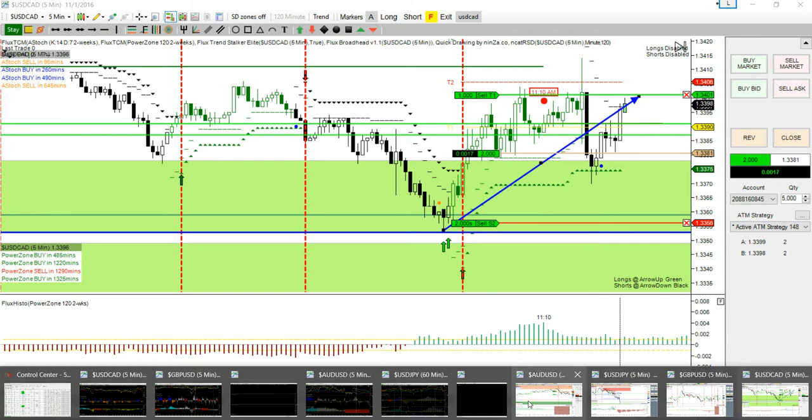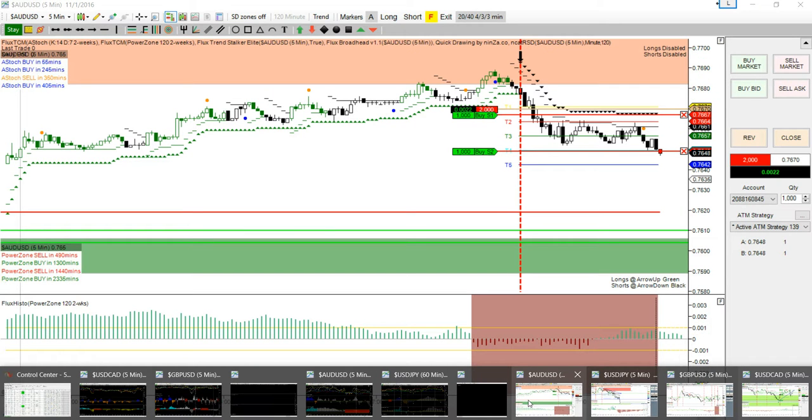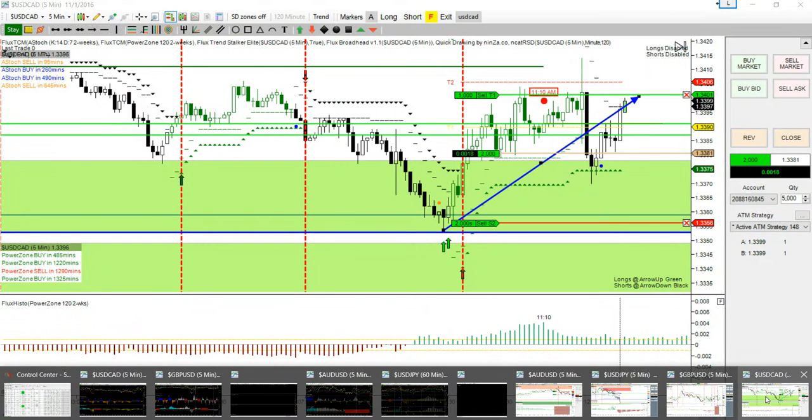Up there, traders. That must be Aussie dollar. We're going to get a stop out here on a trailing stop for 20 pips if it does not continue down. If the Aussie dollar is going down, then the Canadian, for the most part, is going up.